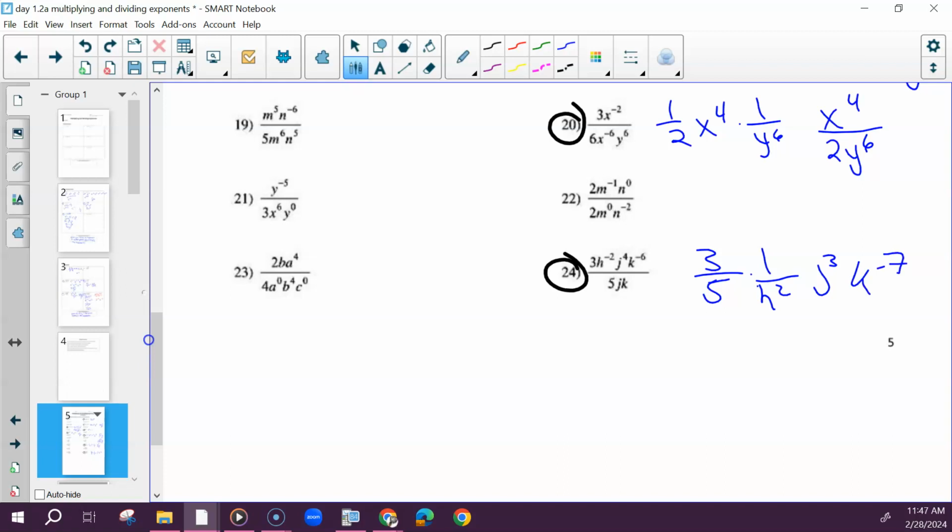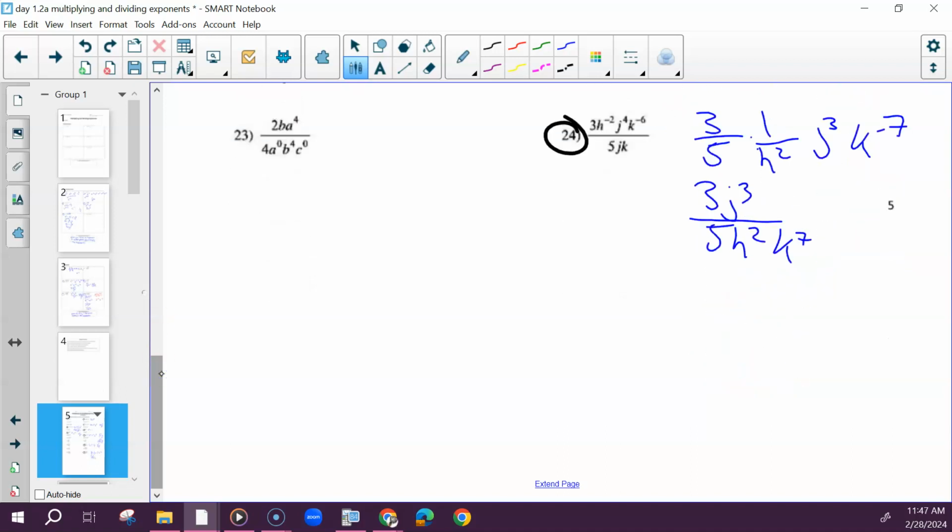So that's going to get brought down. J is going to stay up. So 3j to the 3rd would be in our numerator. K is going to come down, so 5h squared k to the 7th. So 3j cubed over 5h squared k to the 7th would be your final answer there.